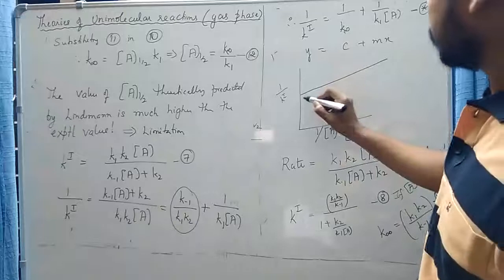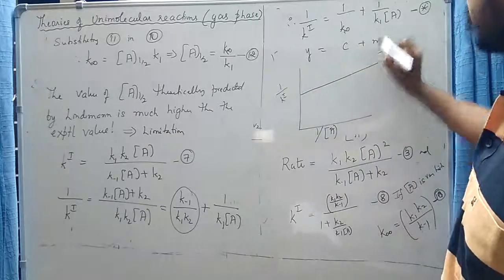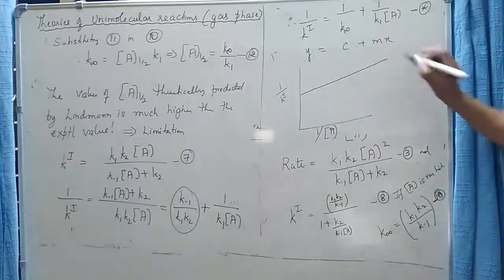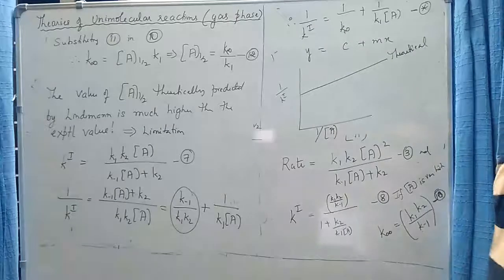The intercept of this line is 1 by k infinity. The slope of this line should be 1 by k1. So this is the theoretical plot, the expected one.